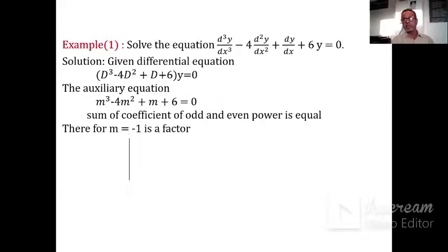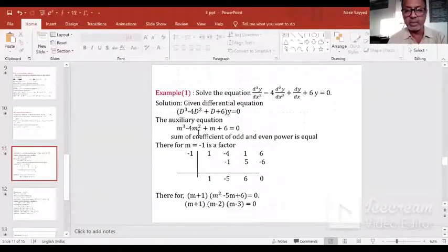This constant term we also consider to be an even term. Therefore, the sum of the coefficients is minus 4 plus 6, which is equal to 2. Therefore, we conclude the sum of coefficients of odd and even power is equal. Therefore, we can say that m is equal to minus 1 is the root, and m plus 1 is the factor.